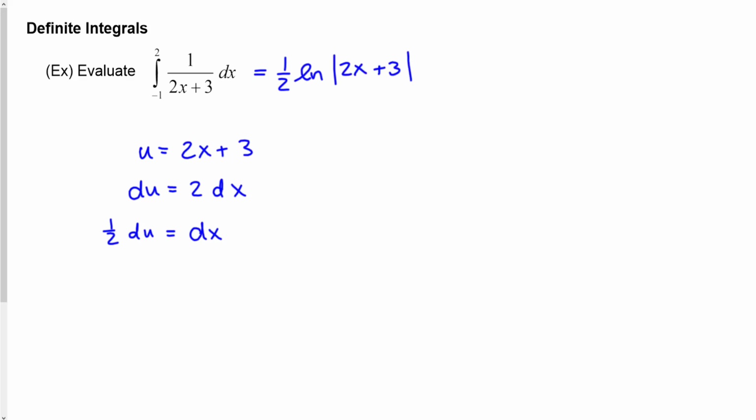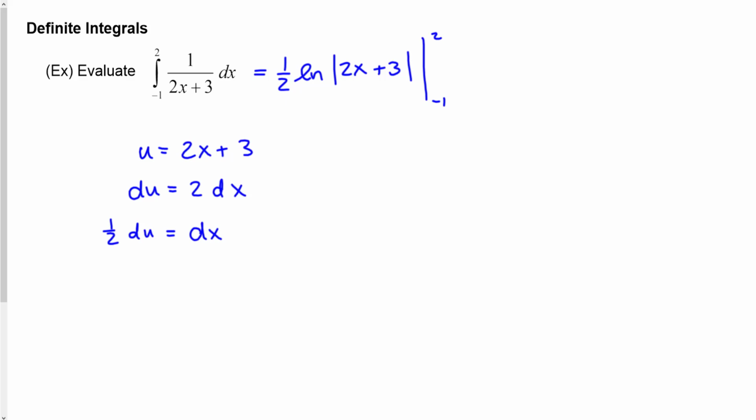But I never changed my endpoints of integration or the variable of integration, so I'd still evaluate this from -1 to 2. You can certainly do the steps of substitution, change your endpoints of integration. It's fine either way, you'll get the same answer.